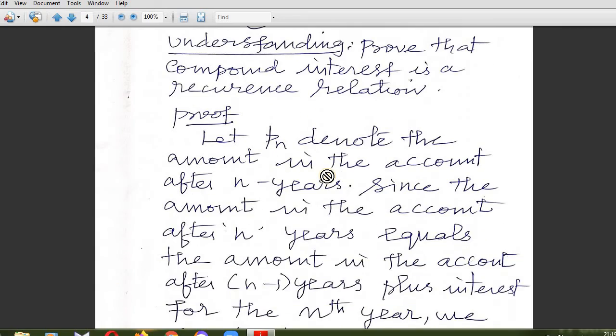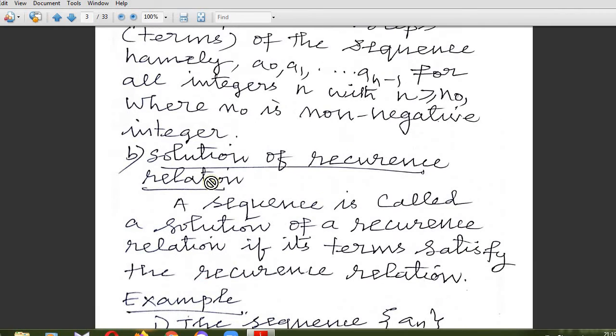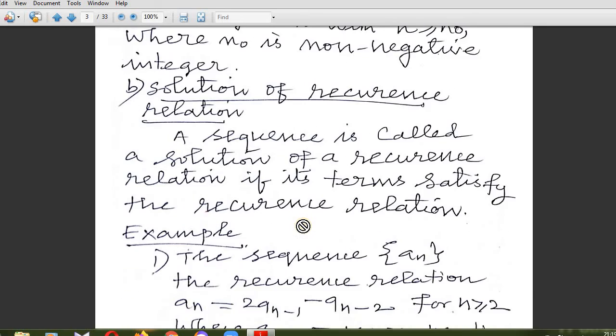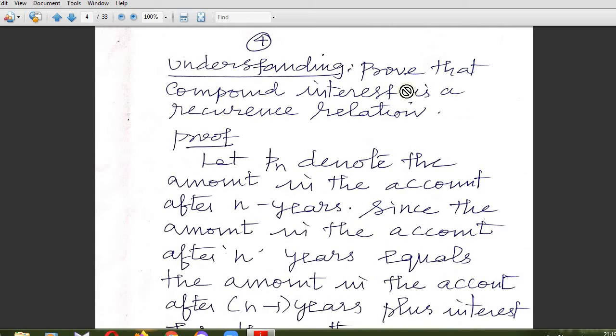Now to understand this concept of recurrence relation and the solution, let us come to a real life situation. Remember what a recurrence relation is: one in which the successive terms can be obtained from one or two or more of its previous terms.